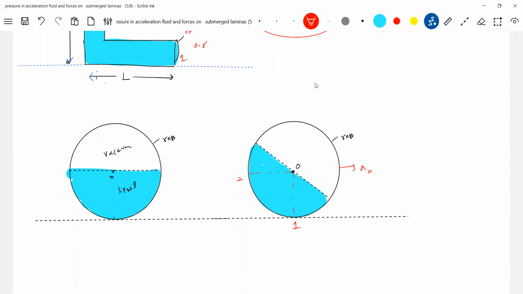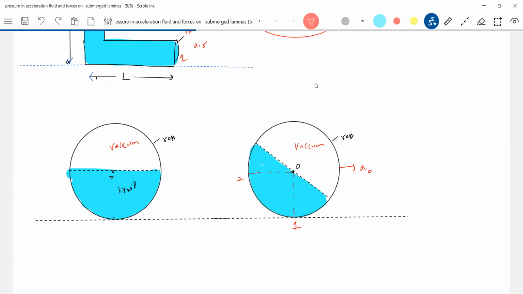What about pressure on the free surface? If I say air, then you can go for P0, atmospheric pressure. Since if I say vacuum, there is no question of any atmospheric pressure inside. So the pressure on the free surface will be 0, because only if air is there will P0 come into the picture.